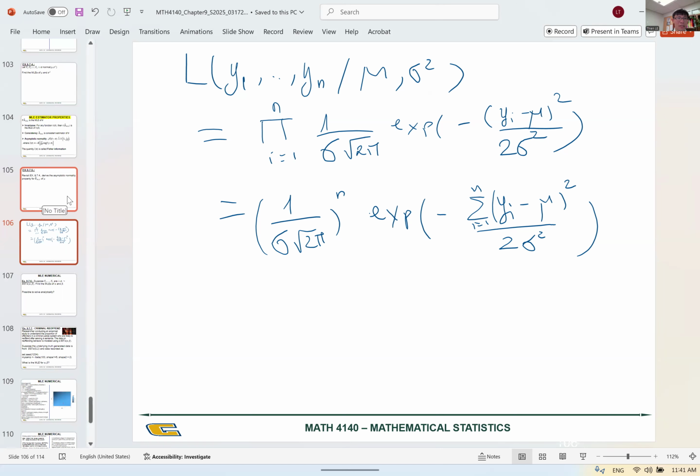Because we want to find the maximum likelihood estimator, right? So again, the trick here is instead of considering this function, we will take a log.